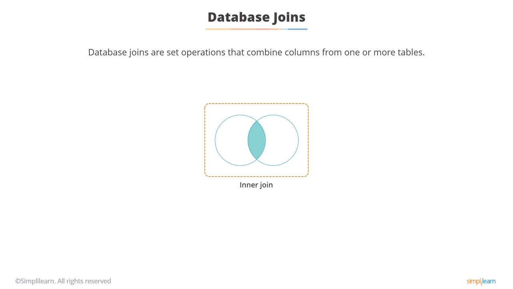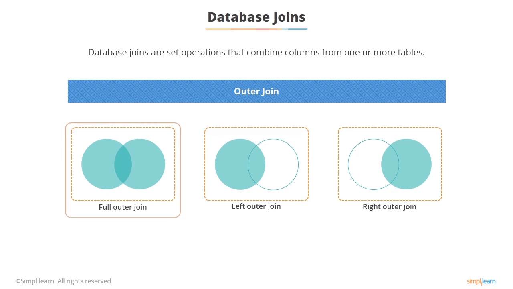So the normal join you do is finding the intersection of two tables or two sets, which is the inner join. There's a full outer join or Cartesian join, which very few people actually use because it generates massive amounts of information, where you associate every row of one table with every row of the other table.